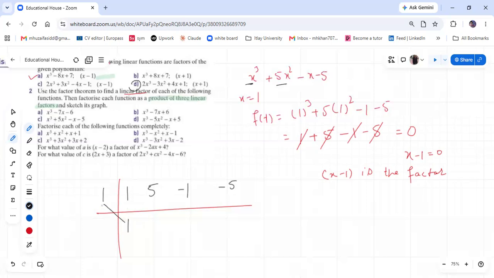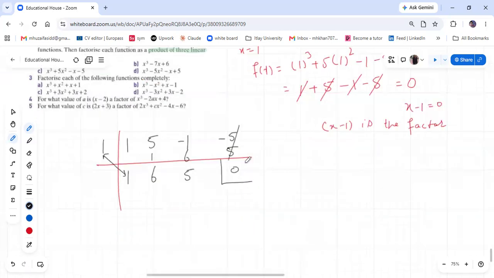So 1 multiplied by 1 gives us 1. So 1 plus 5 is 6. Then 1 multiplied by 6 is 6, and 6 minus 1 is plus 5. Then 1 multiplied by 5 is plus 5, and this is 0. Got it?